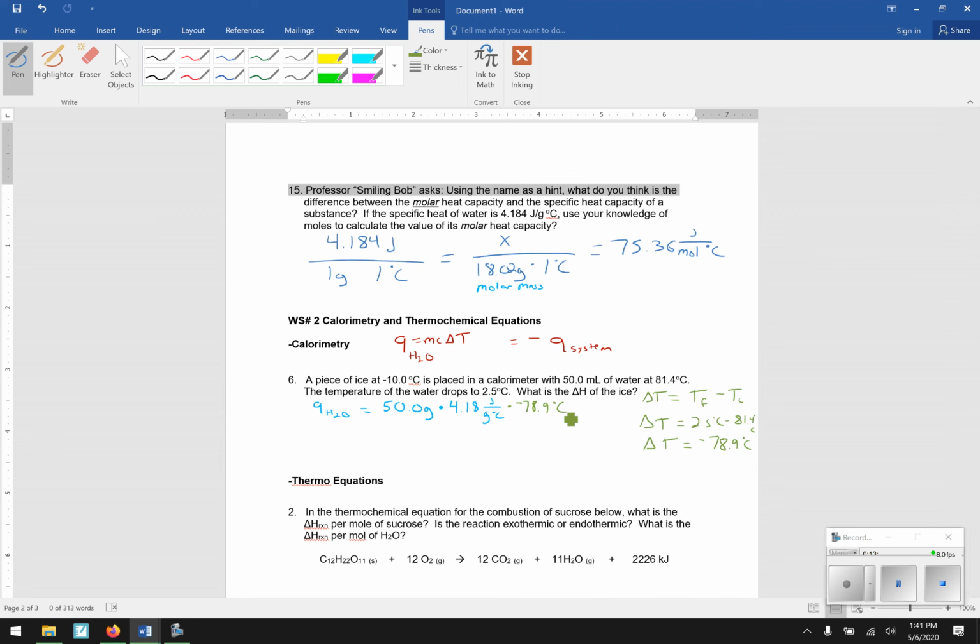So now we just plug all those numbers into a calculator to figure it out. So Q of H2O equals 50 times 4.18 times negative 78.9, and you end up with negative 16,490.